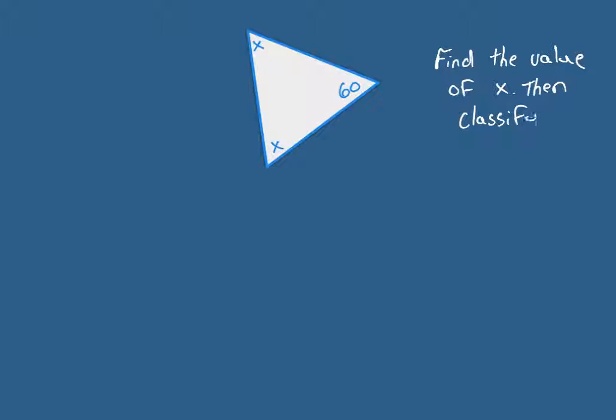And so we're going to go about this problem the same way we did the last one. We're going to take all of our angle measures, add them together, and set them equal to 180. Okay, so I have 60 plus x plus x is 180.